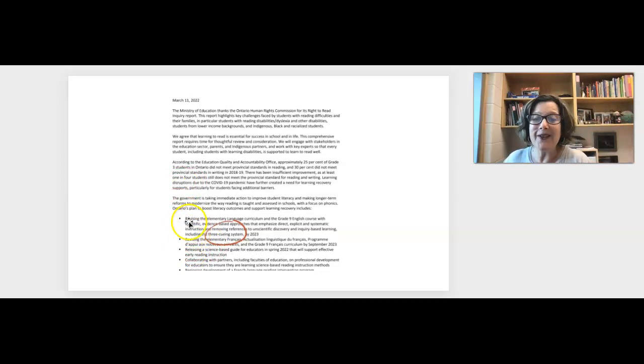They wrote here, revising the elementary language curriculum and the grade 9 English course with scientific evidence-based approaches that emphasize direct, explicit, and systematic instruction, and removing references to unscientific discovery and inquiry-based learning, including the three-cueing system by 2023. So by fall 2023, teachers in Ontario, as a mandate of the Ministry of Education, will not be allowed to use the three-cueing system, which is the fundamental idea behind balanced literacy.